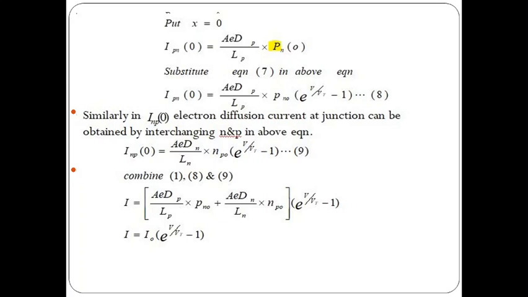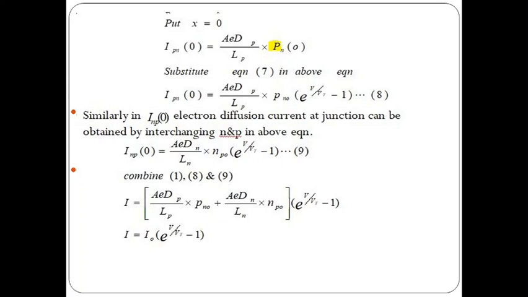Now I equals the total current at x equals 0, I equals AE dP by Lp into Pn naught plus AE dN by Ln into Np naught, into e power V by Vt minus 1. The term in brackets is constant, so I take it as one variable, I naught. So I equals I naught into e power V by Vt minus 1.